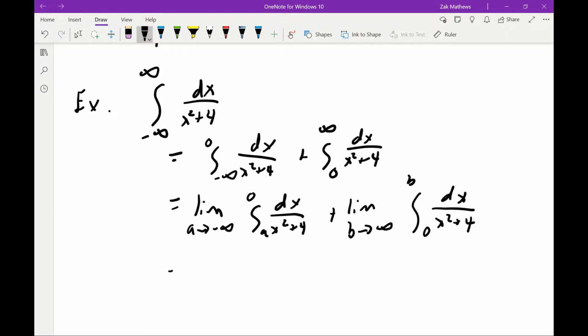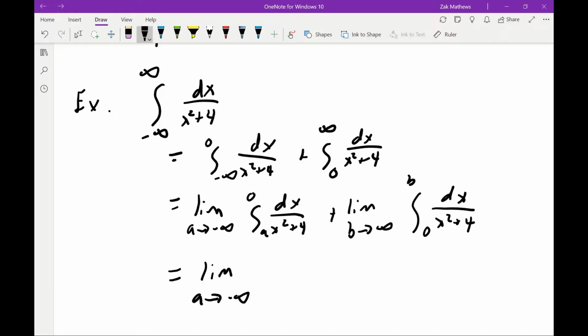All right, so now I'm going to do my integral, but I still have my limit in front. I have to do that integral first. So if we think about the antiderivative of 1 over x squared plus 4, well, this is actually going to be our inverse tangent.